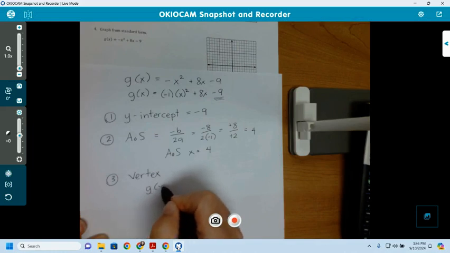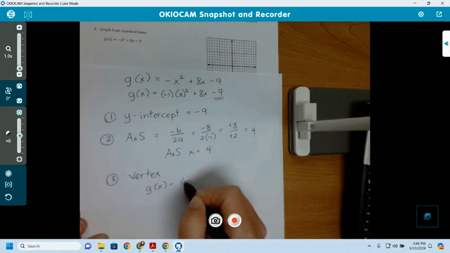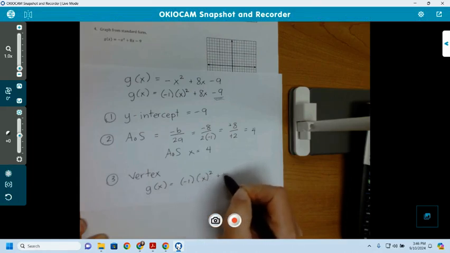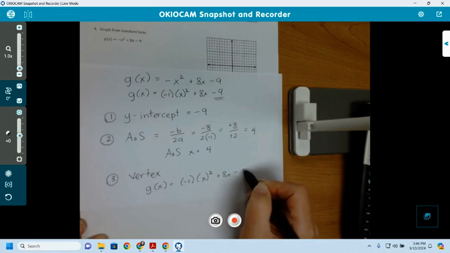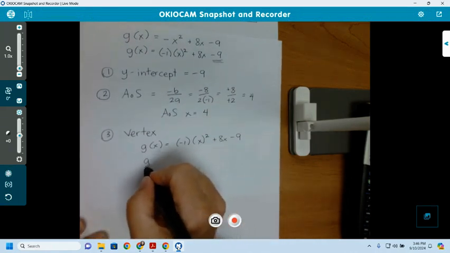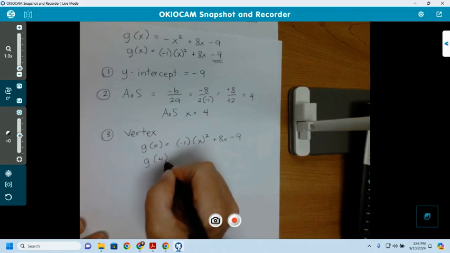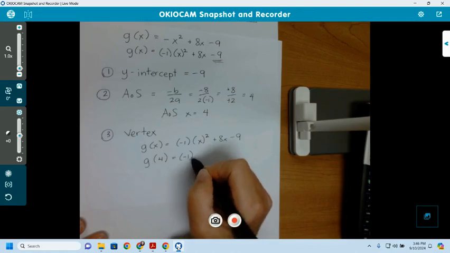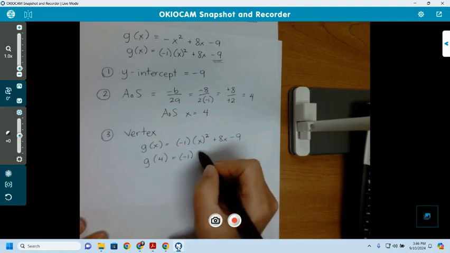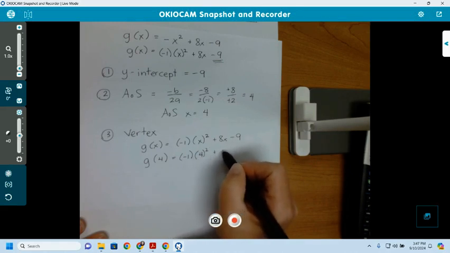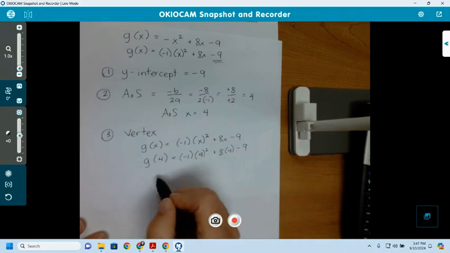So we have g of x equals -1 times x squared plus 8x minus 9. So we have g of 4 equals -1 times 4 squared plus 8 times 4 minus 9.